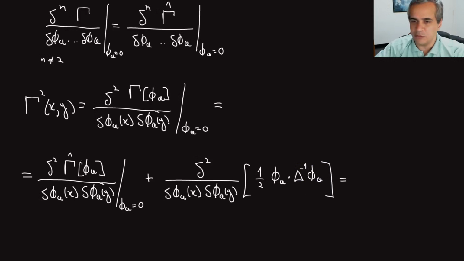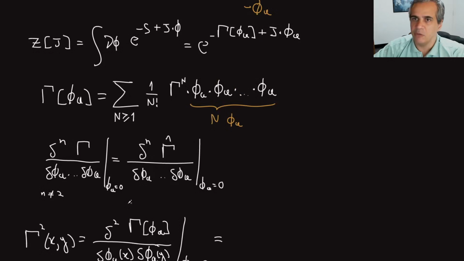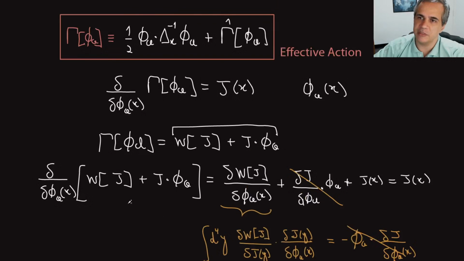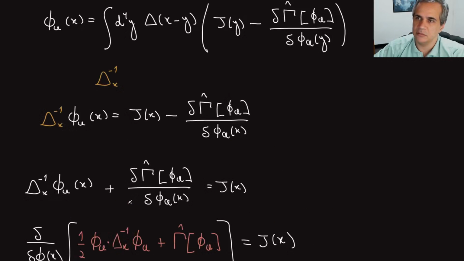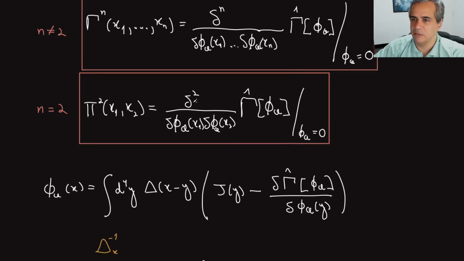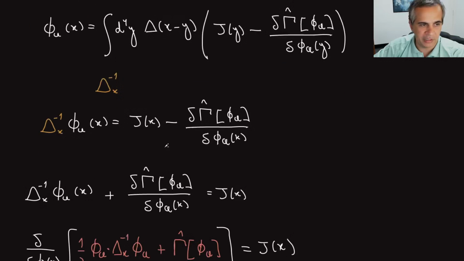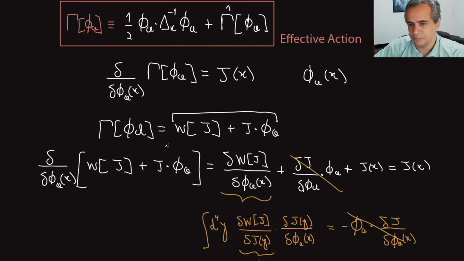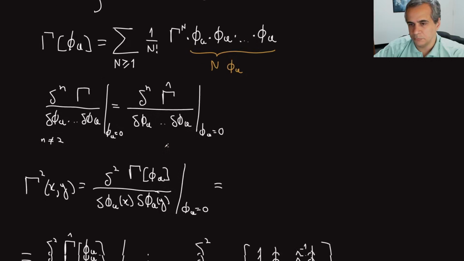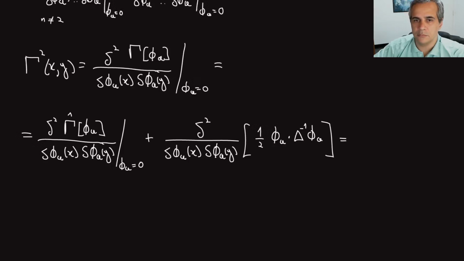The first one we know. We go back to one of the first equations we saw today. If I do the second derivative of gamma hat, I get just pi 2 of these two variables. So that part is easy, and this is just pi 2 of x, y.